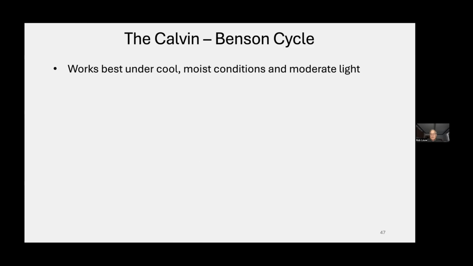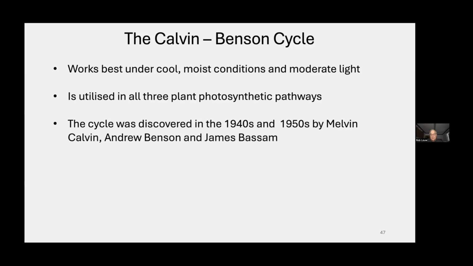So in summary, the Calvin-Benson cycle works best under cool, moist conditions and moderate light. It's used in all 3 photosynthetic pathways, and we've still got to examine the other 2. The cycle was discovered in the 1940s and 50s by Melvin Calvin, Andrew Benson, and James Bassham.